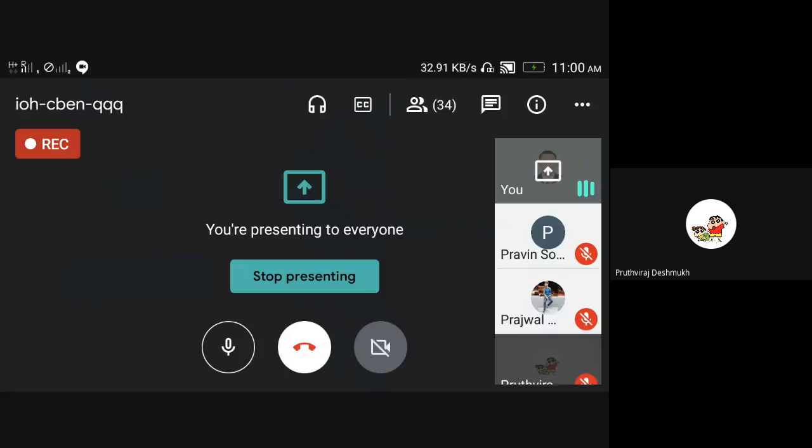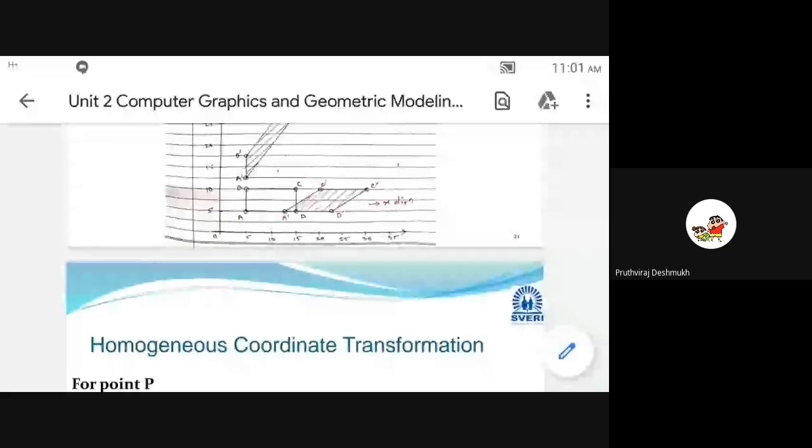Let's start the next point, homogeneous transformation. Okay, now from the last two lectures, which type of transformation have we studied? The geometric transformation.